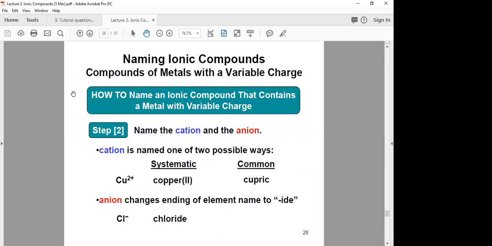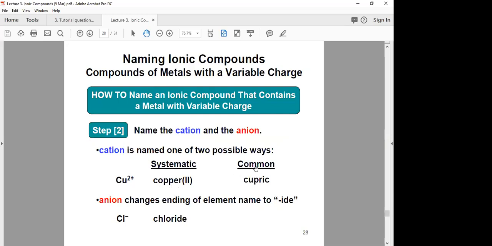And I think there is an example in the tutorial questions where you need to do that. Okay, name the cation and the anion. Remember the cation, because it's one of those variable ones, can be named using one of two possible methods. Using the systematic naming system, Cu2+ can simply be called copper 2.